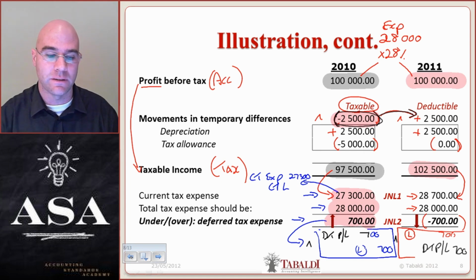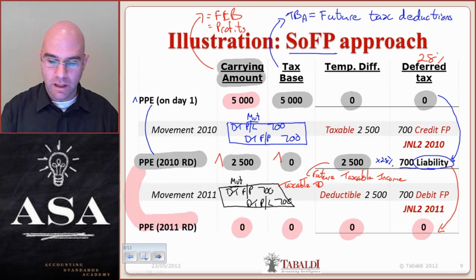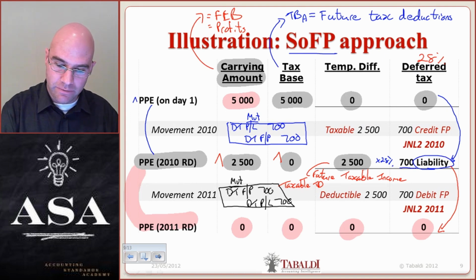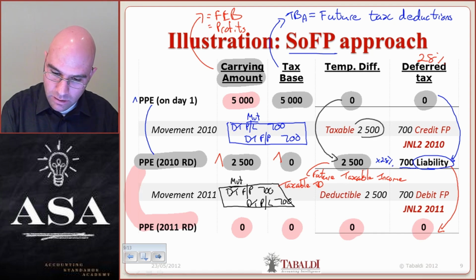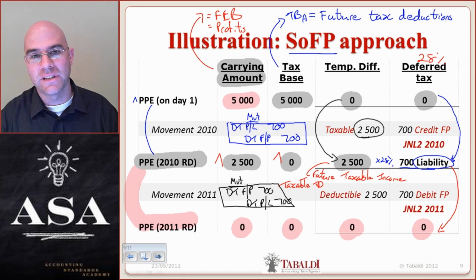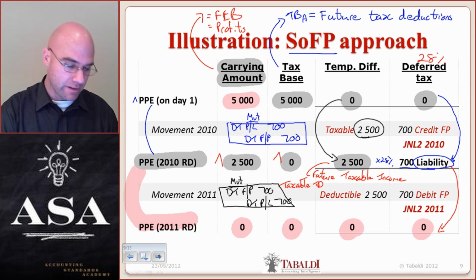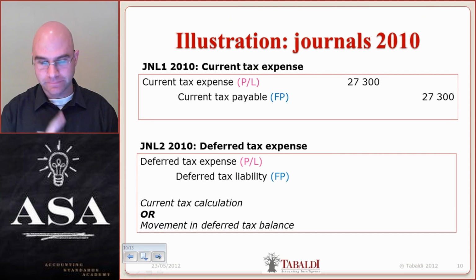Therefore, it's a taxable temporary difference. Well, I go back and I look at the movement in my temporary differences. I went from 0 to a taxable temporary difference balance of 2,500. My taxable temporary difference movement is therefore perfectly in line with my current tax computation. Perfect.